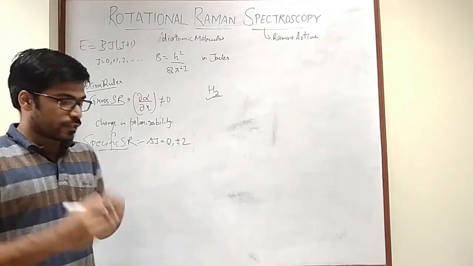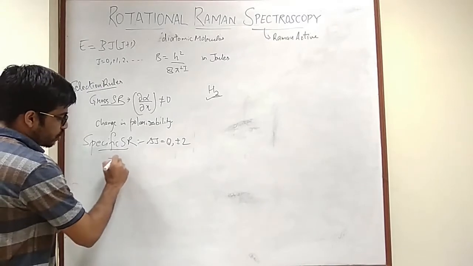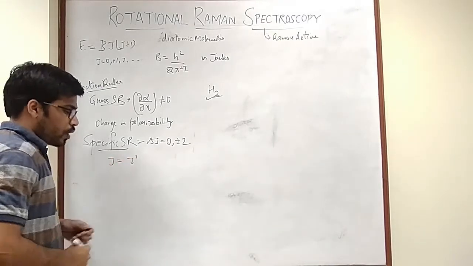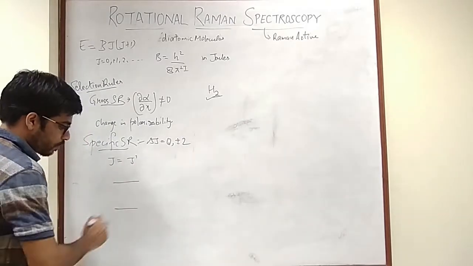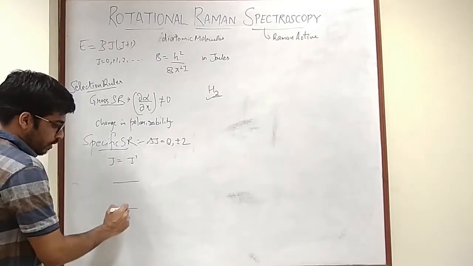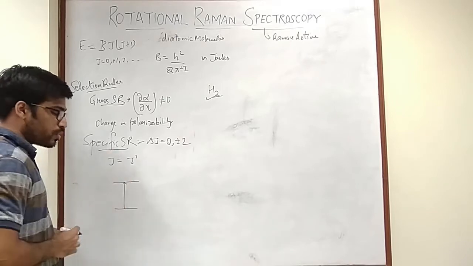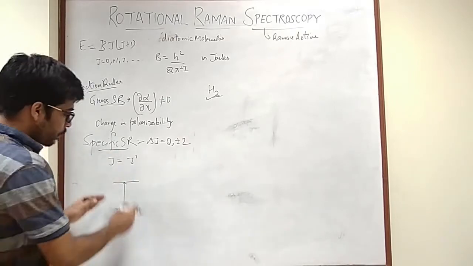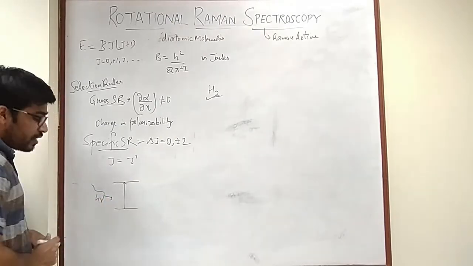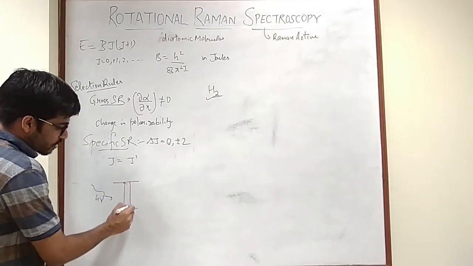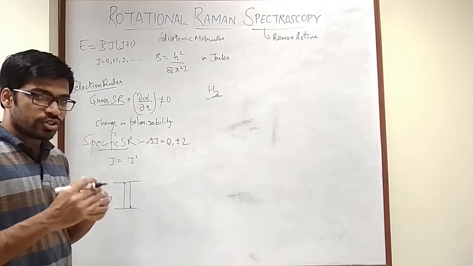Let's talk about 0 first. 0 means J is equal to J dashed. What does it mean? Let's say you have two rotational energy levels. Because of the rotation, and in the presence of an electric field, it absorbs some energy from the incident light and then releases the exact same energy to come back to its initial state.